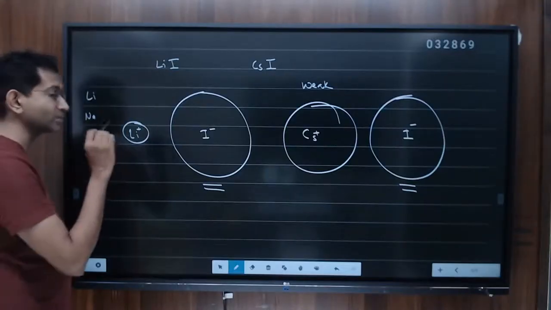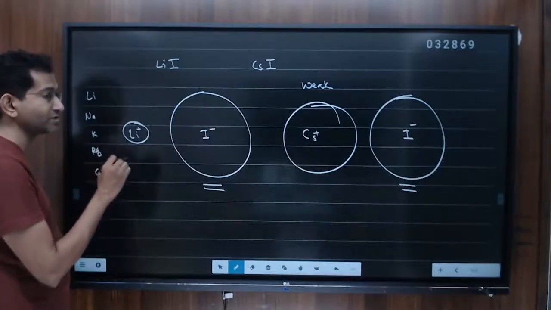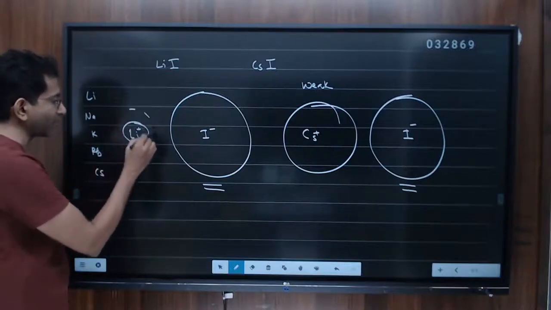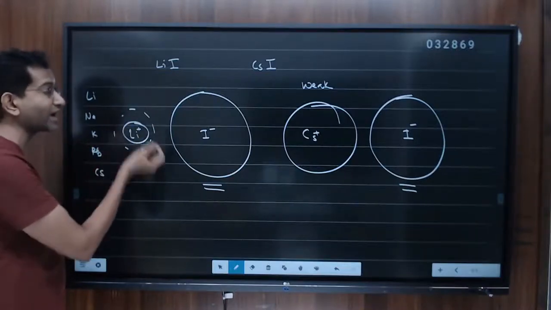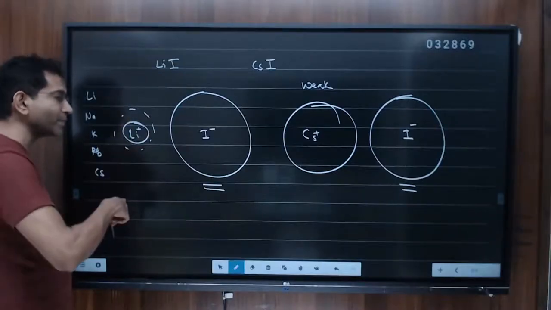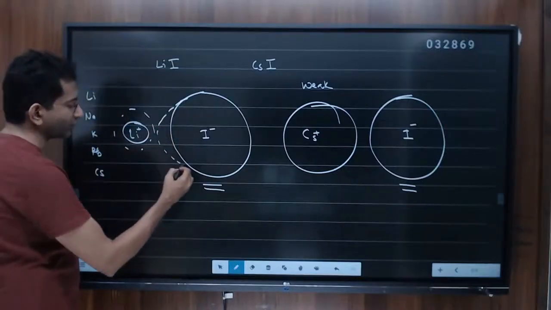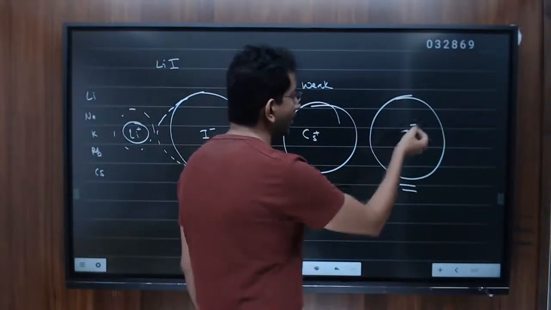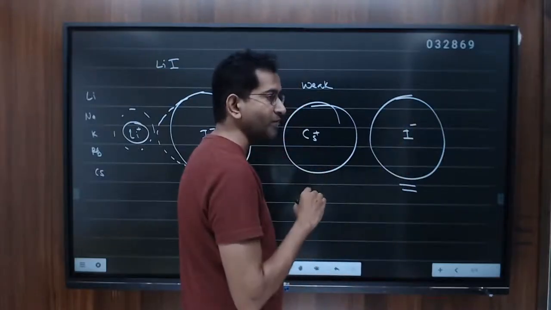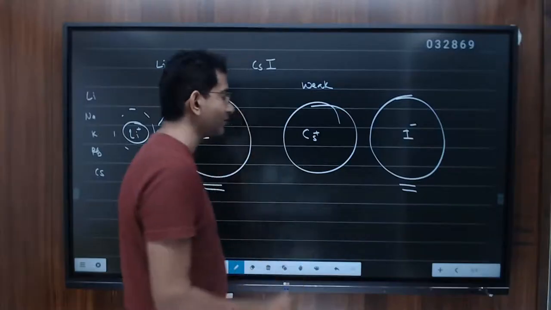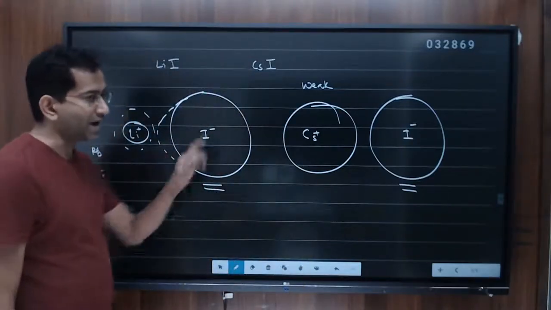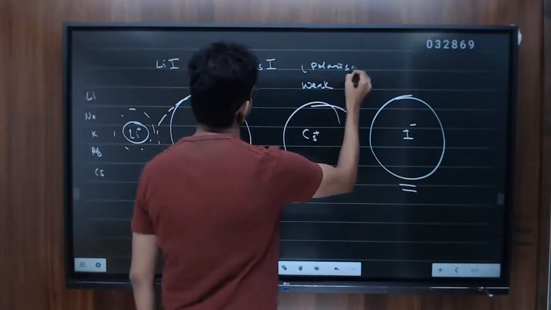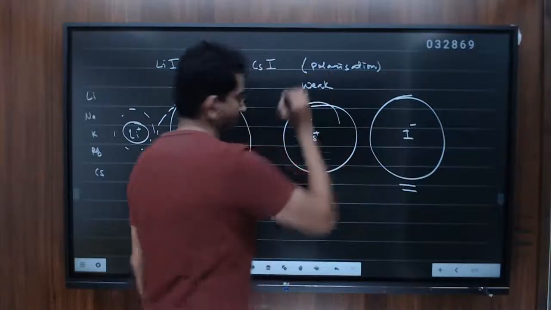As Li+ is small in size, it will have sufficient attractive force over its own electron cloud, and as its size is small, the spread of its positive charge will remain even after its boundary, so it will be capable of attracting the electron cloud of I- sufficiently, but this Cs+ will not be attracting the electron cloud of I- sufficiently. So polarization will be large in case of lithium iodide as compared to cesium iodide. I hope you have got the same. Let me know.